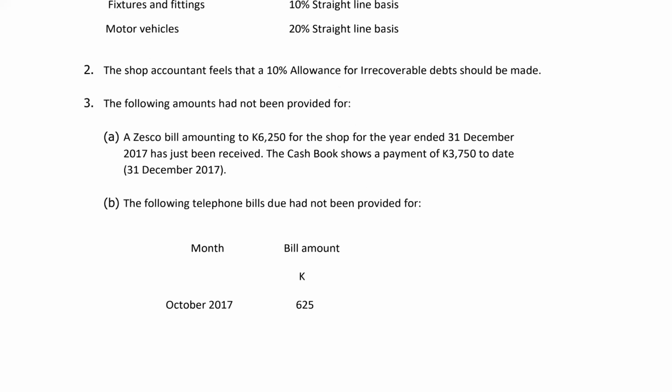So there is an outstanding bill, and the cash book shows a payment of only that part. So there is a difference. There is some part which has not been paid already.